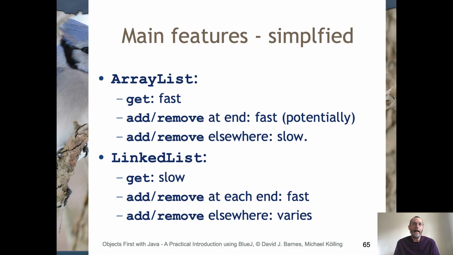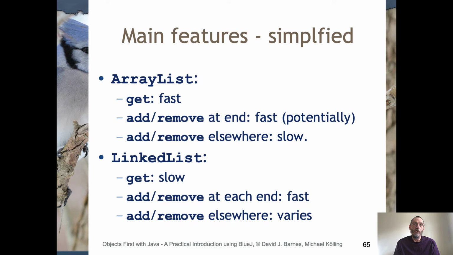If we wish to add or remove elements from the very end of the array list, then again the array list is able to respond to that operation relatively quickly. On the other hand, if we want to add an item or remove an item from somewhere other than at the very end of the array list, then the array list has to take a little bit more time to organize that. The reasons for that are that if, for instance, we consider adding an item at the beginning of the array list, it firstly has to move all the existing items down by one position in order to make space for the new item.